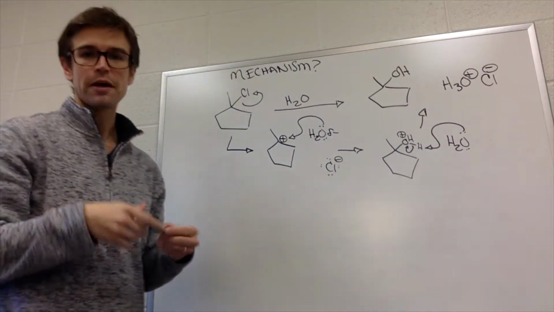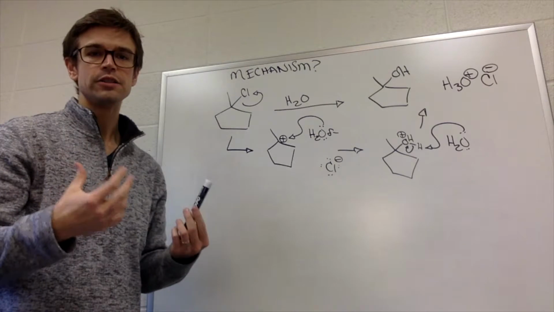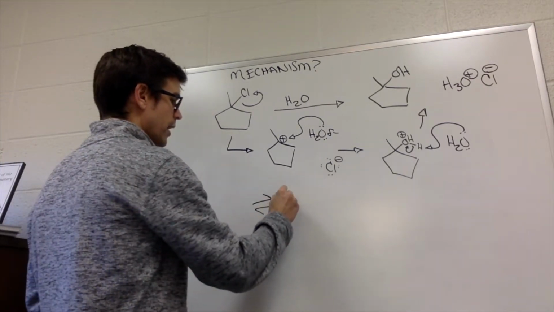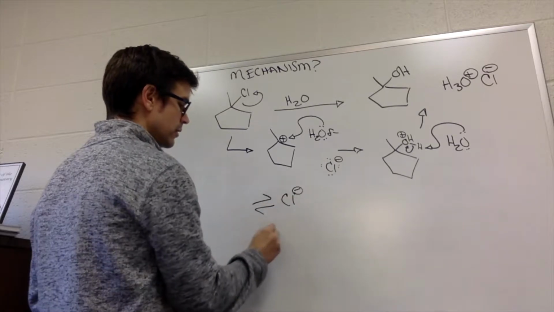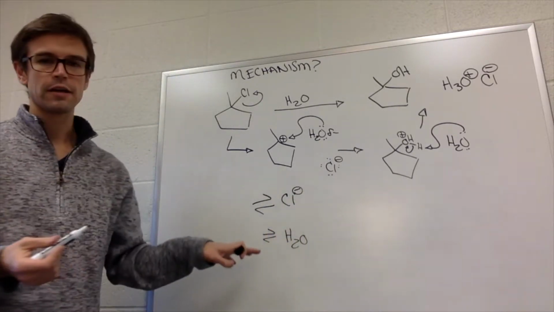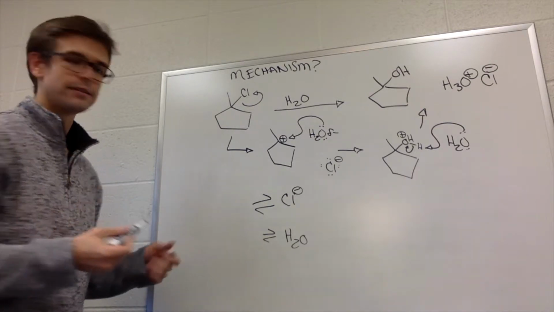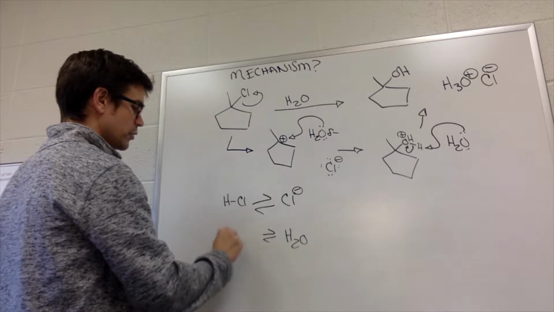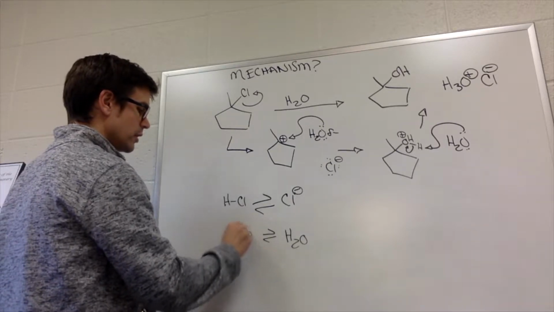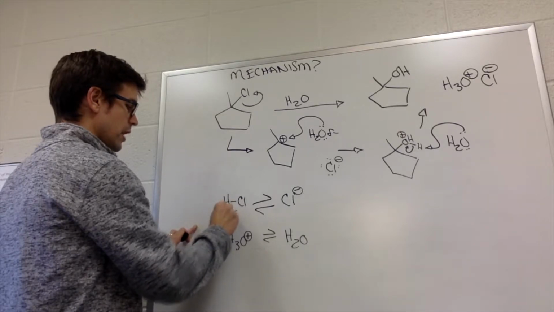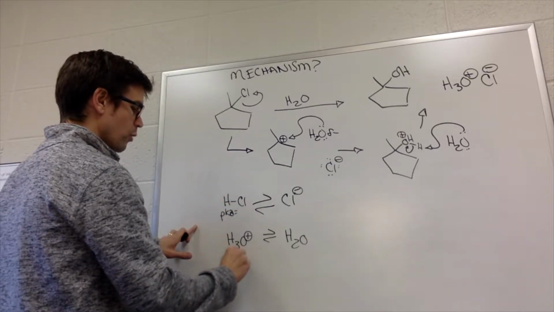Also, let's think about the nucleophilicity of H2O versus Cl minus. So what's a stronger nucleophile, Cl minus or H2O? And to figure that out, we have to think about the conjugate acids of those. The conjugate acid of Cl minus is HCl. This would be H3O plus. So which is a stronger acid? We have 1 pKa each.